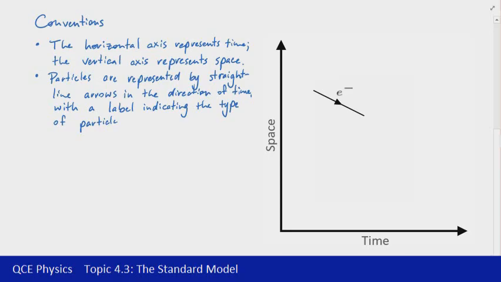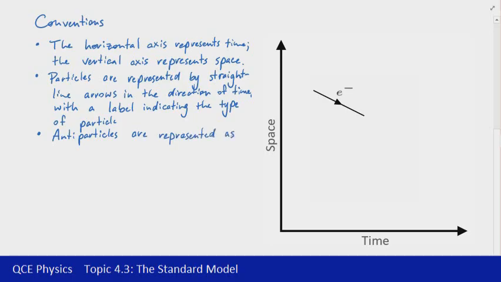We also have antiparticles that need to be represented, and so they're a little bit back to front. So antiparticles are basically the same, except that their arrows are represented in the reverse direction.